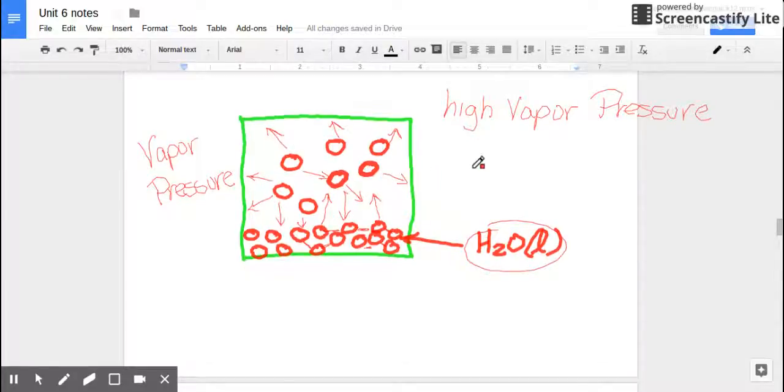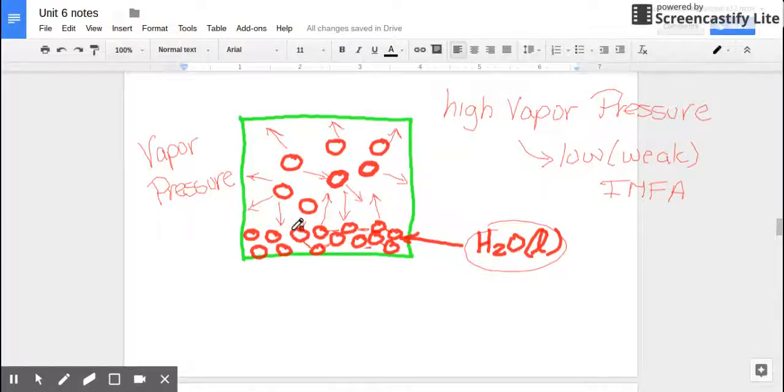And there's a couple of different things that allow molecules to evaporate very quickly. They can evaporate very easily if they have low, or I should even say weak, not low. Low's not a really good word. Let's change that to weak. Weak intermolecular forces of attraction.